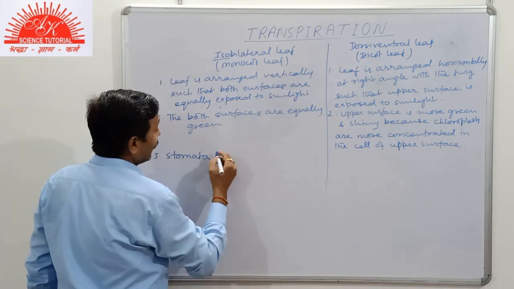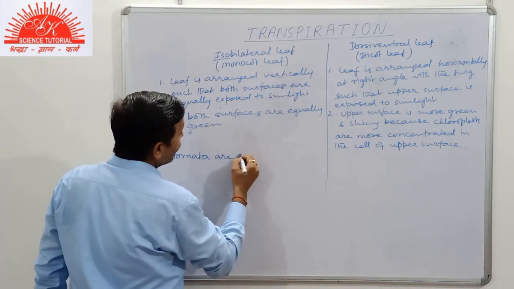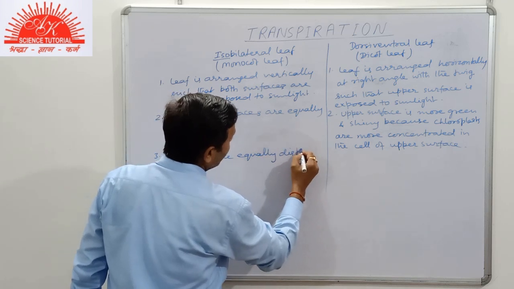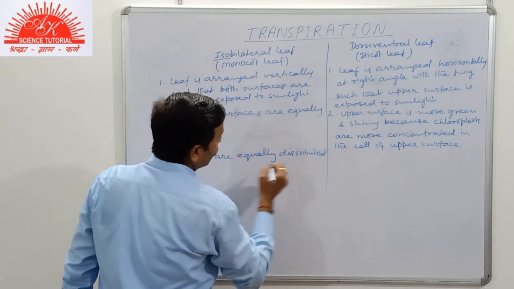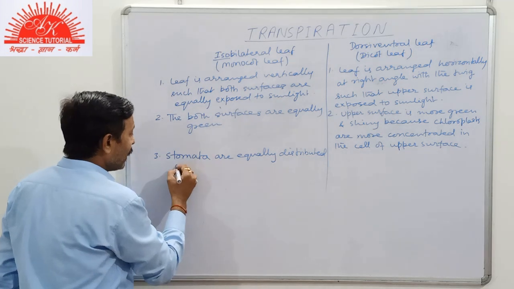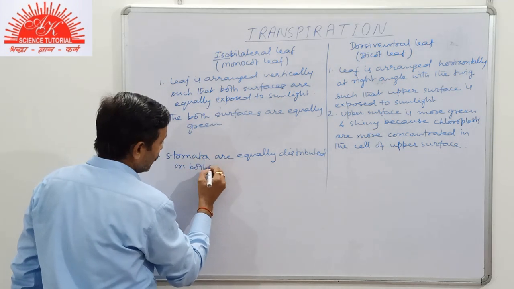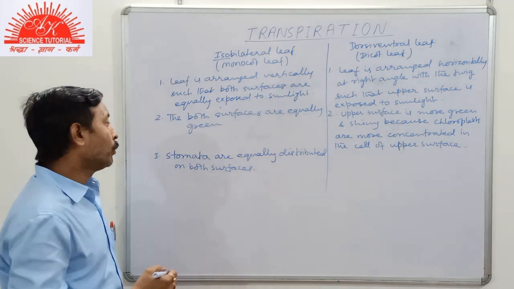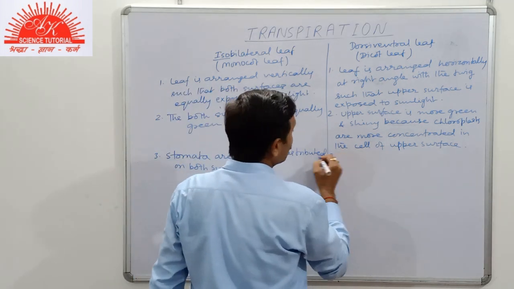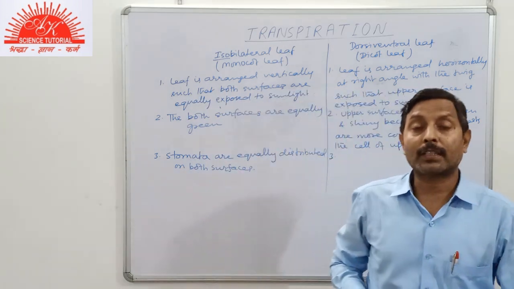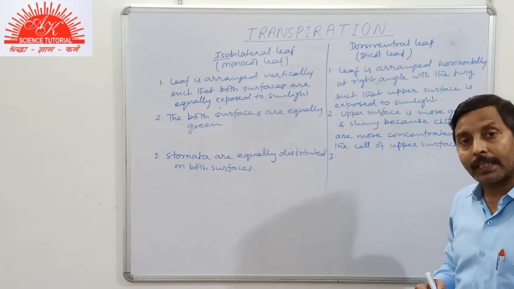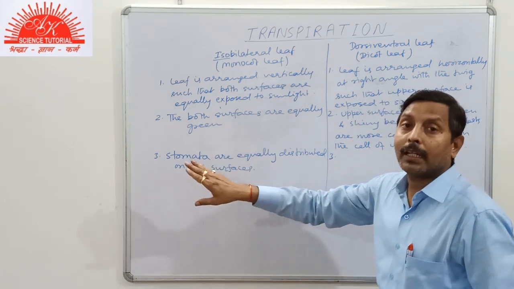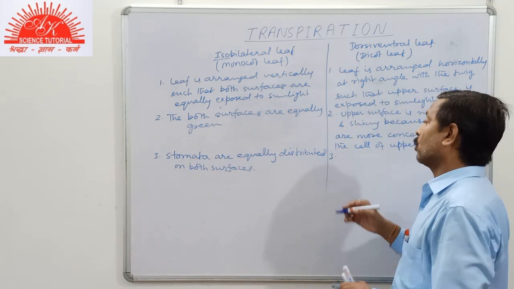In this case, stomata are equally distributed on both surfaces because both surfaces are equally exposed to sunlight. So on both surfaces equal rate of photosynthesis takes place. As a result, for diffusion of CO2 there is equal distribution of stomata.